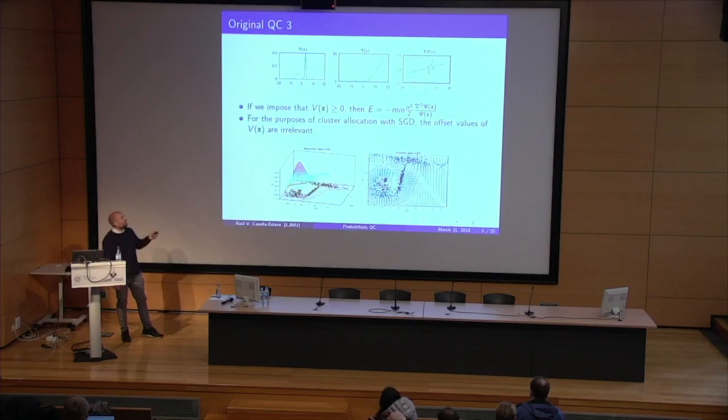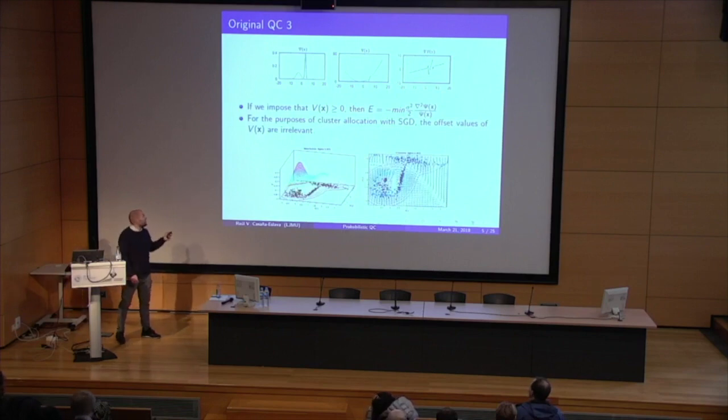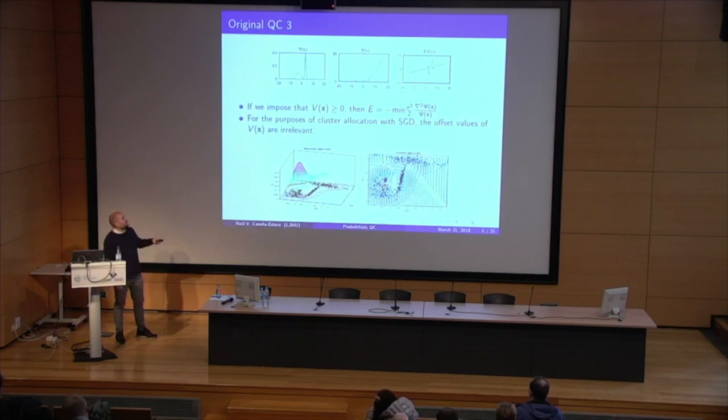So it's very hard to get convergence with gradient descent on the wave function. But with the potential, it diverges very quickly, so it's very easy to apply gradient descent. For the purpose of cluster allocation, the offset values of the potential are irrelevant. We are just looking for the direction of the gradient of the potential.